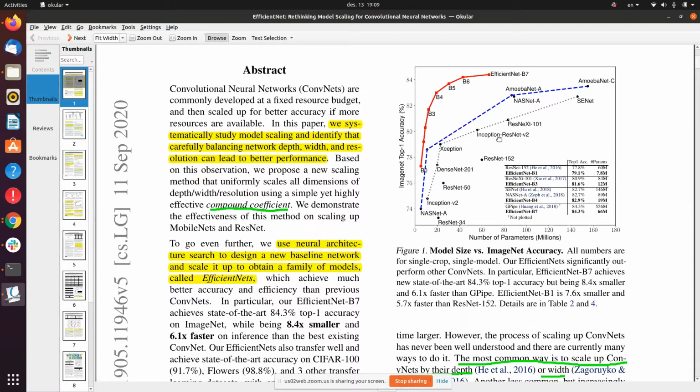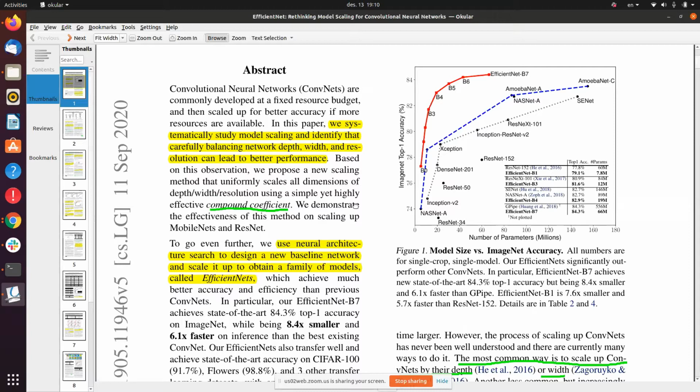But in terms of the number of parameters, it is somewhere around 66 million, I think, which is far, far less than SENet or AmoebaNet. This is the thing that they have achieved using this compound scaling method, just having the base network and improving the scaling method. Each version is just an improvement in the compound scaling method.